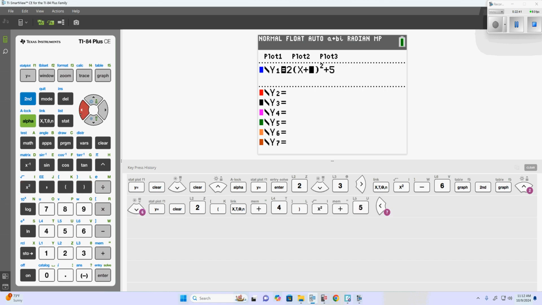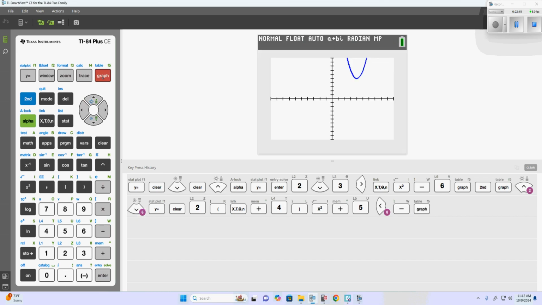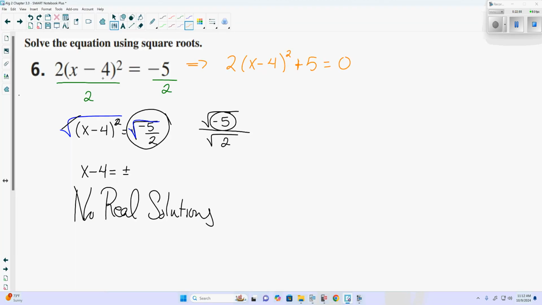I couldn't remember if it was plus or minus. Plus 5. Where does it cross the x-axis? It doesn't, so it has no real solution. We will, by the end of this chapter, be able to solve these, but at this point we do not have a way to simplify or find the value of the square root of negative 5 halves. There is a value, we just haven't found it yet.